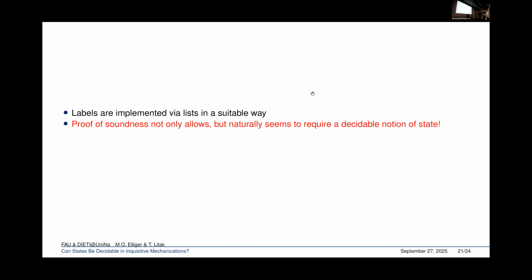And here is what was supposed to be the key point for this short presentation. Labels are implemented in a suitable way, and the proof of soundness for this set of rules that I sketched in the previous slide not just allows, but naturally seems to require a decidable notion of state in the inductive way.